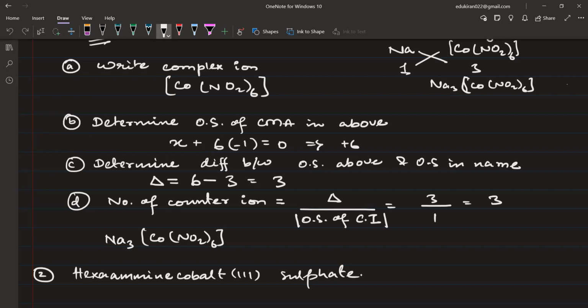For hexaamine cobalt 3 sulfate. Guys, please send the answers.